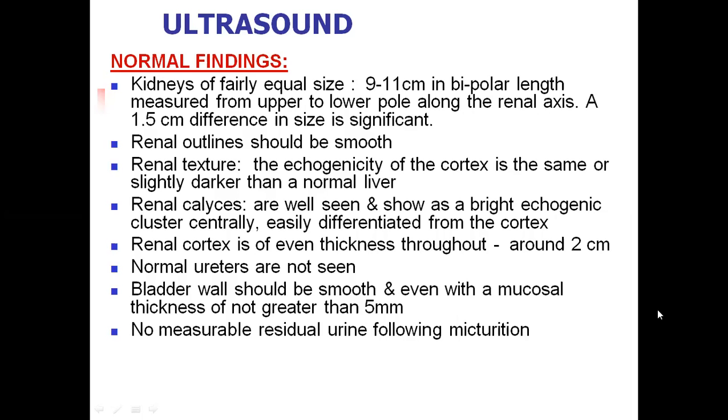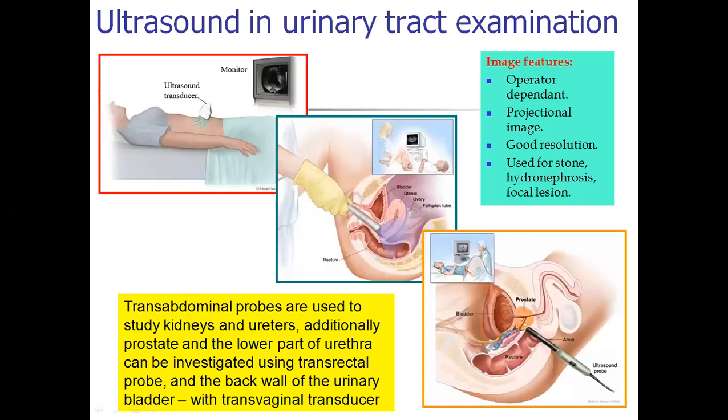Normal ureters are not seen during ultrasound scanning. Bladder wall should be smooth and even, with a mucosal thickness not greater than 5 millimeters. And no measurable residual urine following micturition should be found on ultrasound scans.